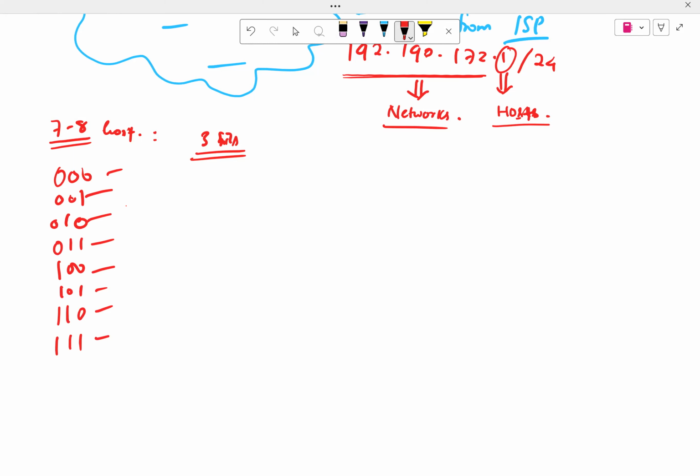So the IP address that your internet service provider will give you will be something like x.x.x.x, and instead of /24, you'll get /29. So the first 29 bits will represent your network, and the last 3 bits will be used for your hosts.